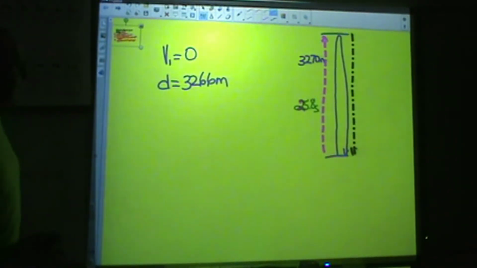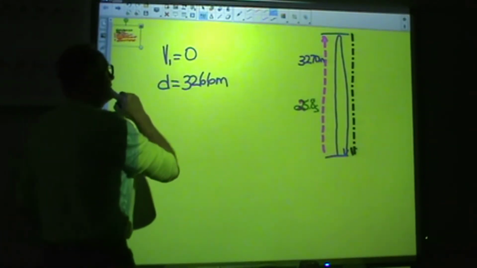I'm taking back the sig fig that I rounded.